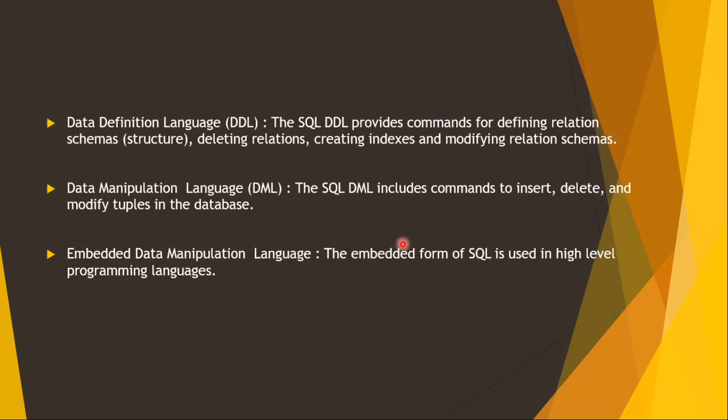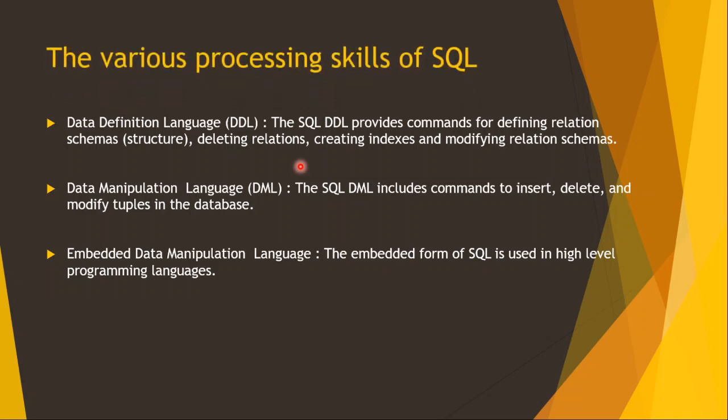Under SQL we have three different parts: data definition language, data manipulation language and data control language. Now let us see the processing capabilities of SQL. In SQL we can define the data, that is the data definition language. Definition means we can define a structure, a schema. That means you can make a format.